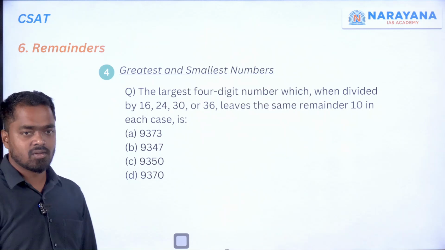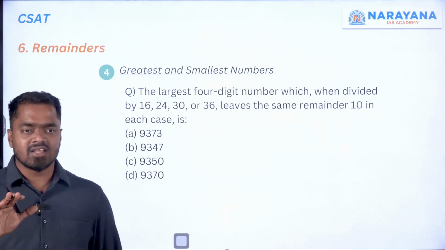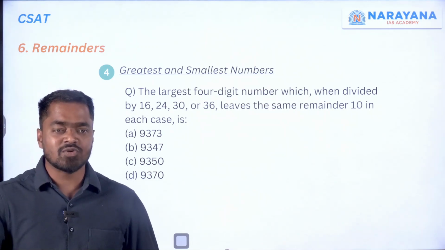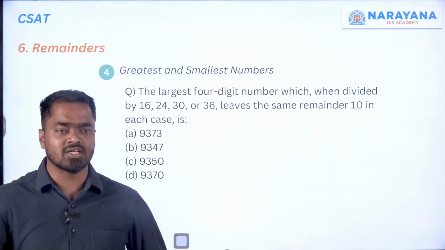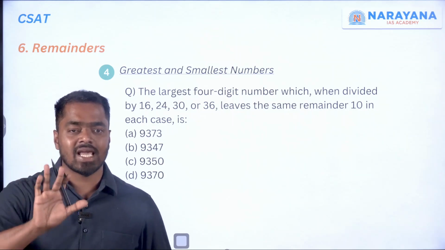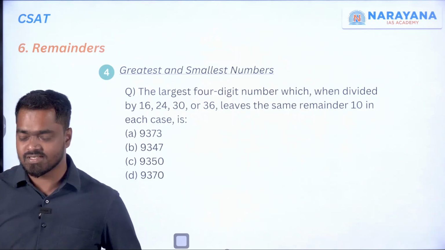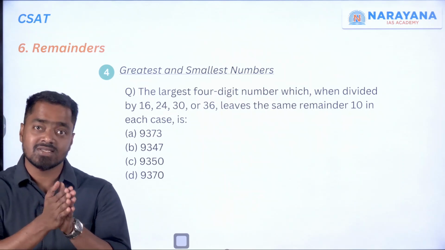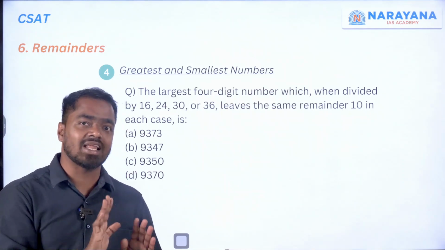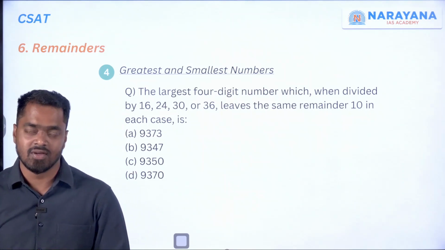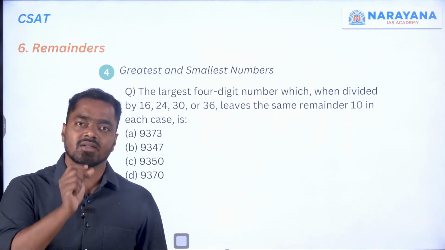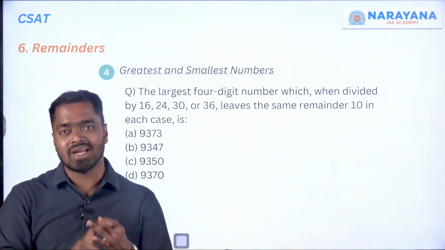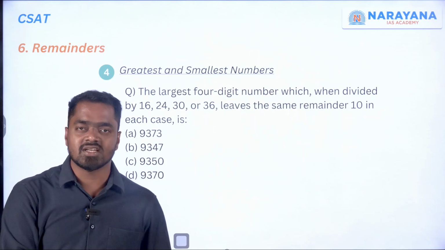Solve the next one. The largest 4-digit number which when divided by 16, 24, 30, 36 leaves the same remainder 10 in each case. These kinds of questions we have discussed in the LCM and HCF concept itself. But the small difference is they are asking for the smallest or greatest 4-digit number, 5-digit number like that.